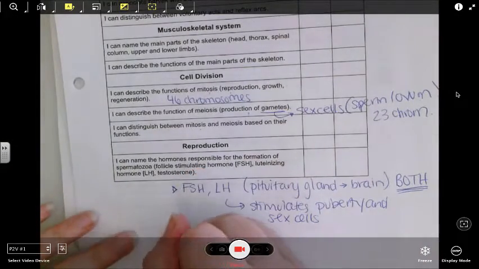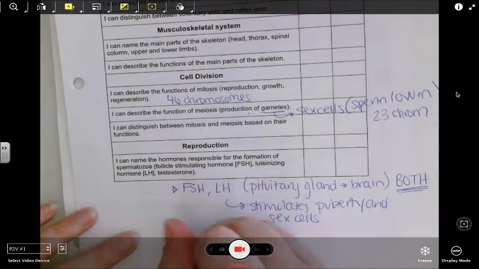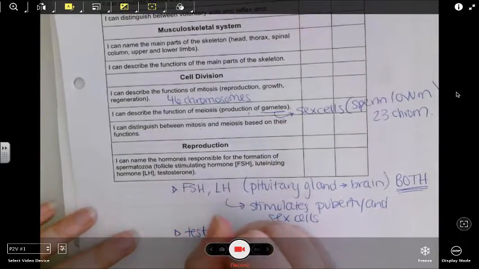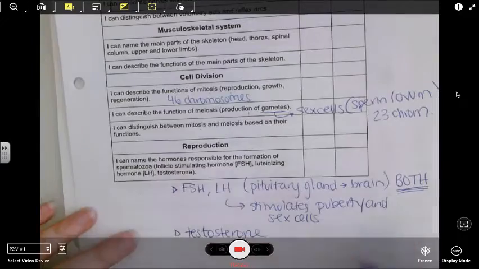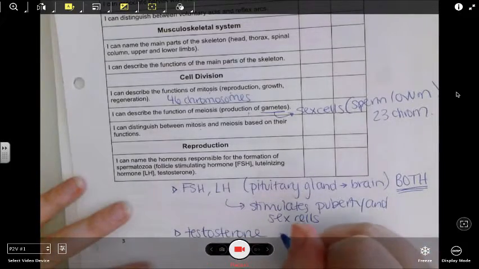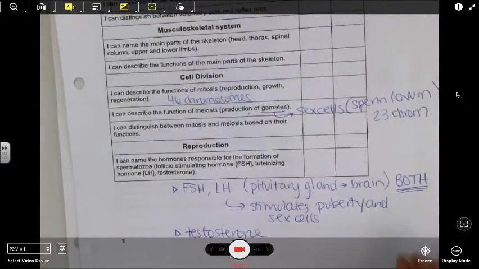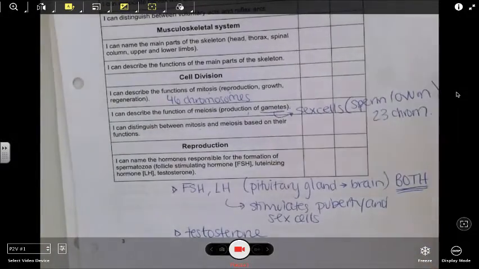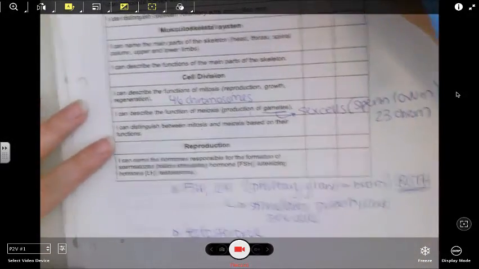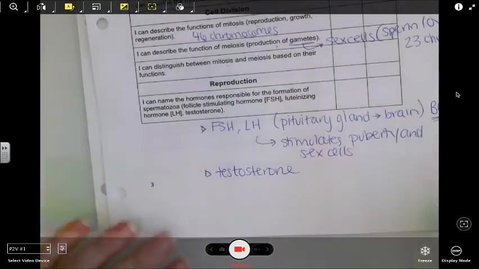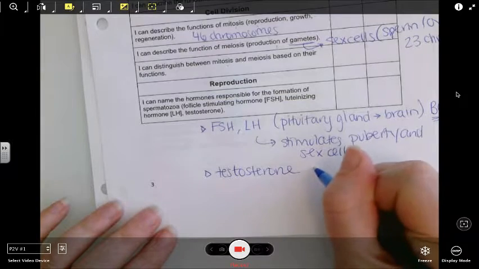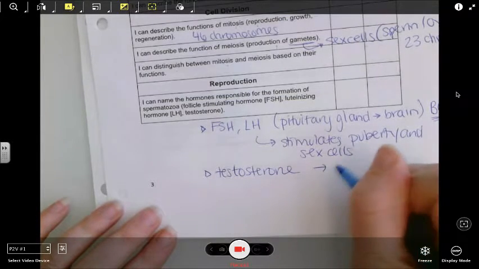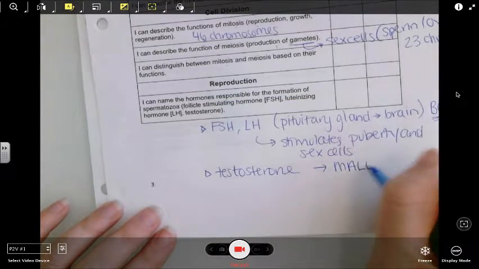But then we have testosterone, which is male. Okay, that doesn't mean that females don't have any testosterone at all, or that it's impossible to have testosterone. It just means that is the predominantly male hormone. So this one would be male sex hormone.